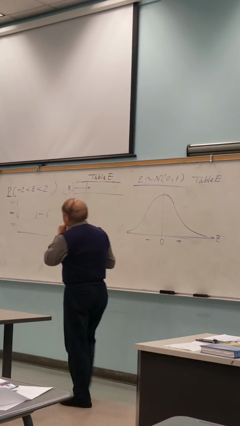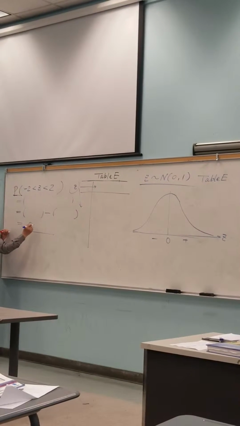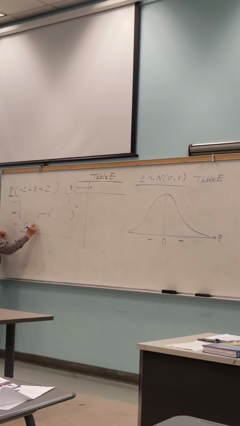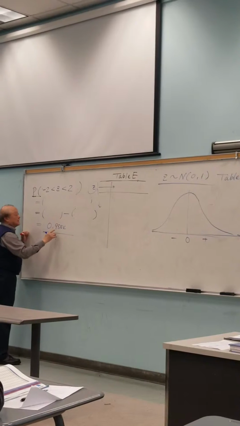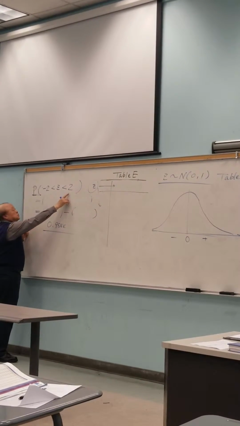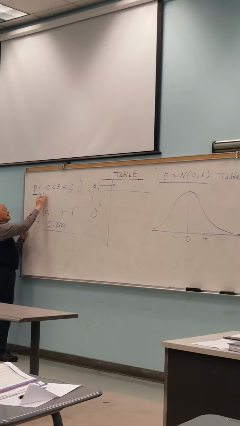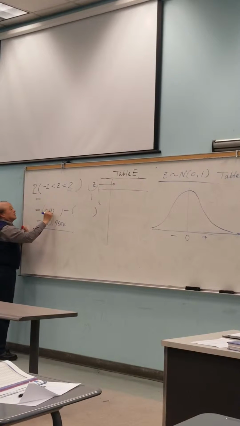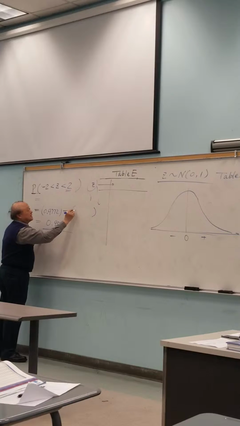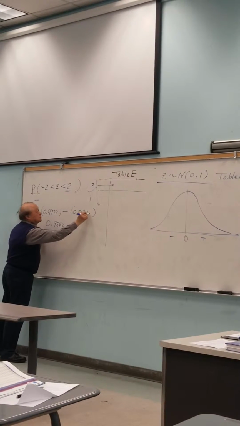Have you got the answer? About 95%, right? Yeah, 0.954. Okay. What is the area up to 2? What is the area up to the larger number? What is the area up to the smaller number? 0.028.